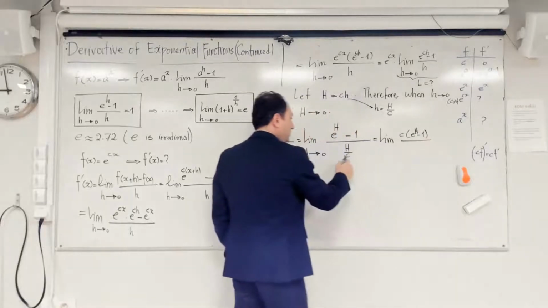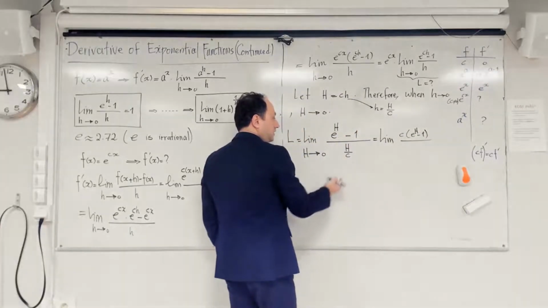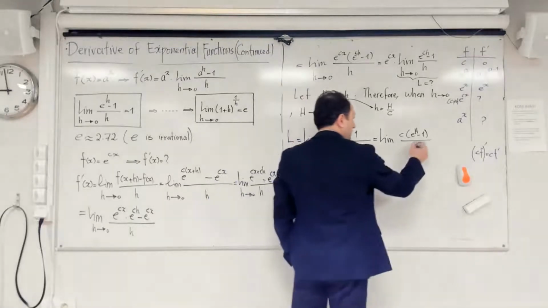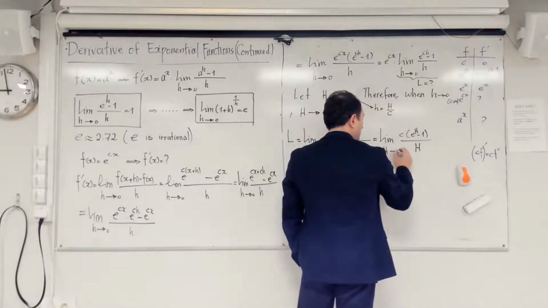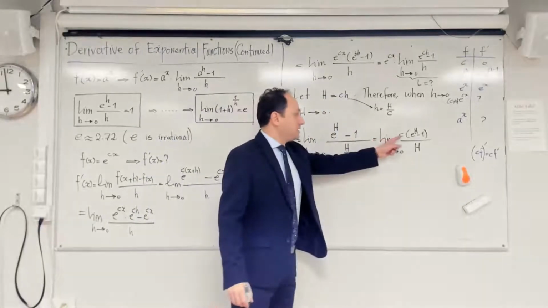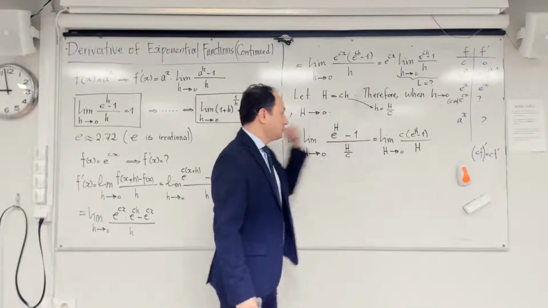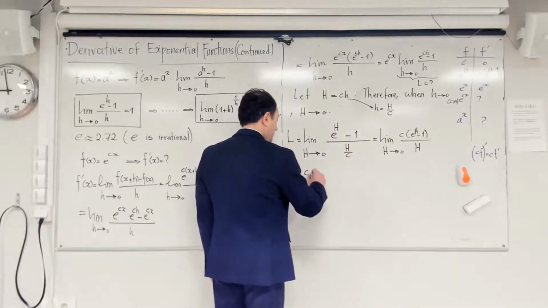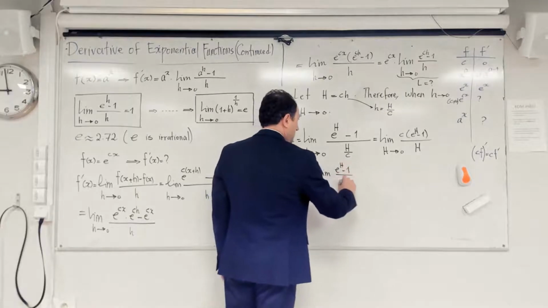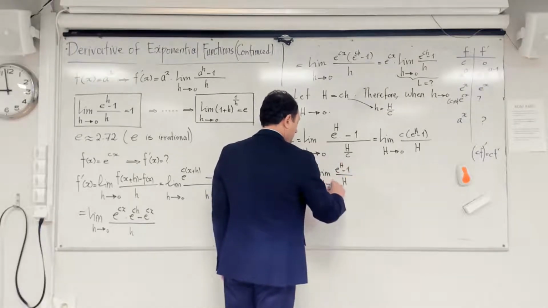What happens if I multiply the denominator by c? That c cancels with this c, and then H is left, and H goes to 0. Agree? And again, c is a constant, so I can pull it out. This becomes c times the limit of e to the H minus 1 over H, as H goes to 0.